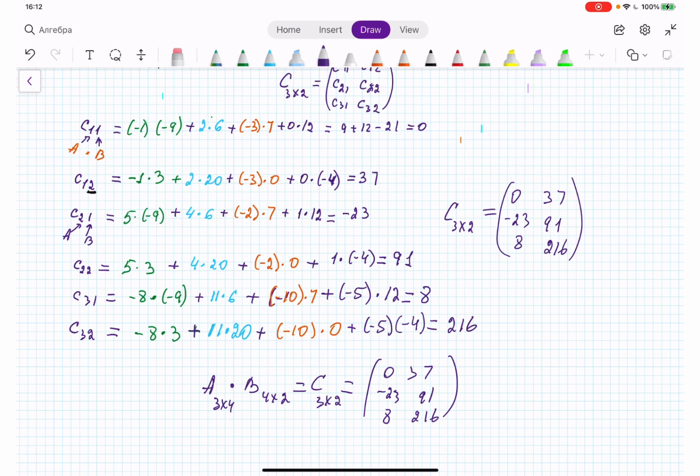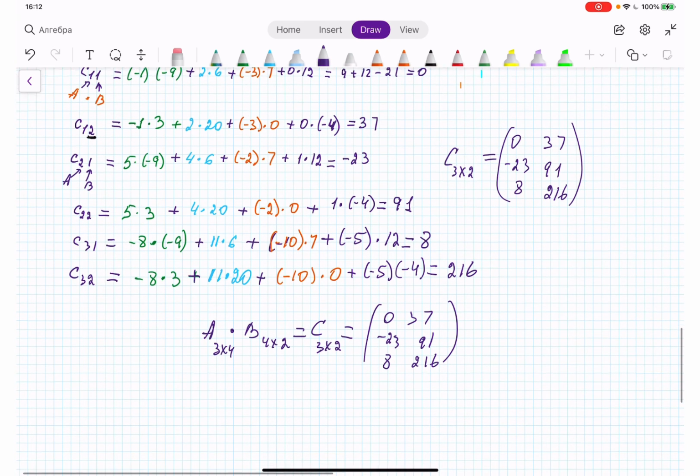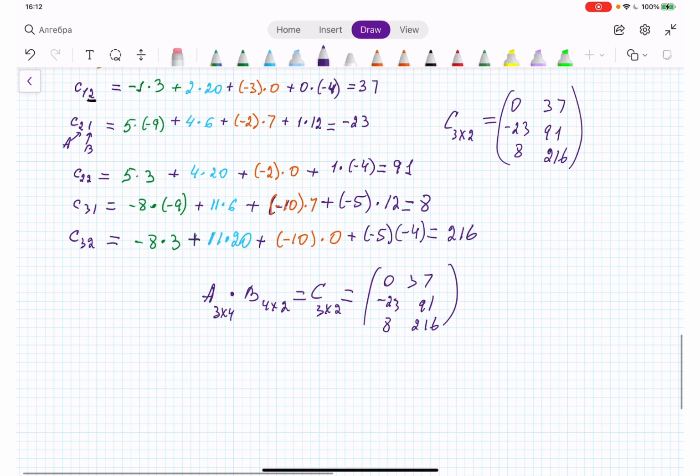Okay? And as I mentioned, matrix multiplication is non-commutative, which means A times B is not equal to B times A, for the reason I already explained.